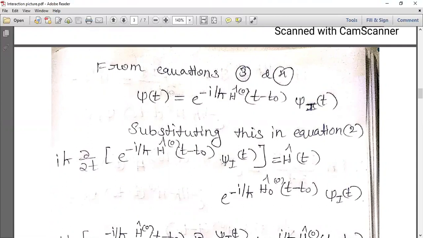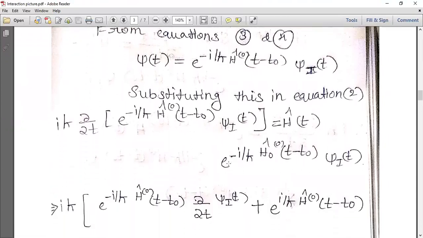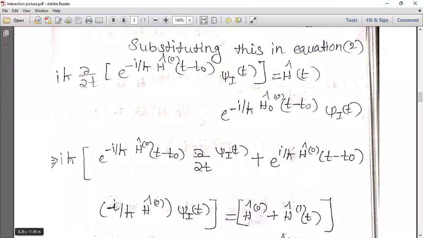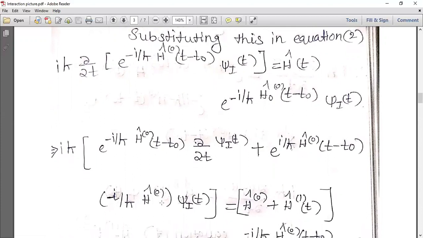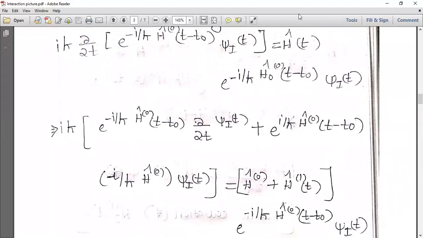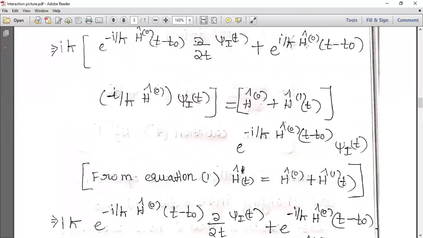Then we simplify. Now we take the derivative inside: del by del t of psi I of t, and on this side the exponential term becomes i by h cross H cap 0. Now instead of this, we substitute H cap t from equation 1: H cap 0 plus H cap 1 of t in place of H cap t.